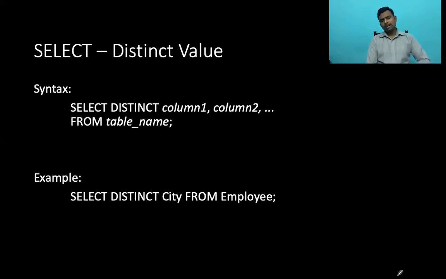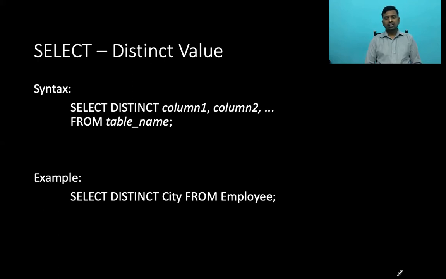Now what is the use of this distinct? For example, I have 100 employees working in my organization. I want to see which cities people come from. Maybe Chennai would have 100 people, Mumbai 10 people, Delhi 20 people, Kolkata 30 people, and Bangalore another 50 people.